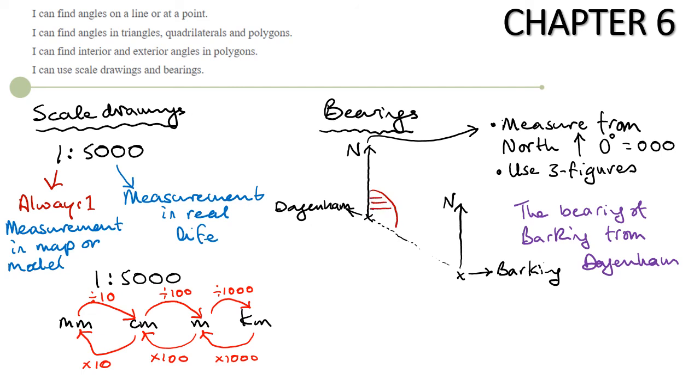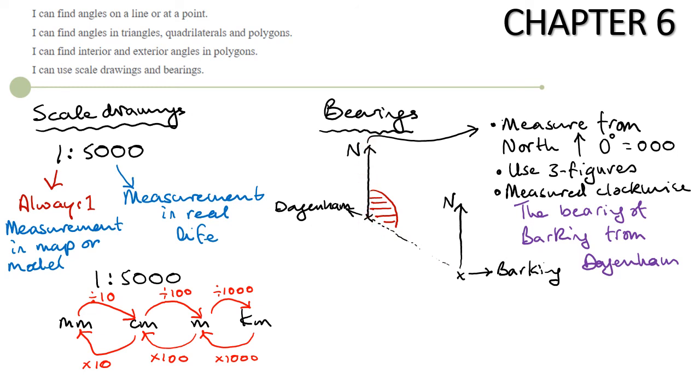Now, why didn't I go around the other way? That's because bearings are measured clockwise. Okay, so that's the last thing to write with bearings, measured clockwise. Now, because the north lines are parallel, we can use rules to do with parallel lines.